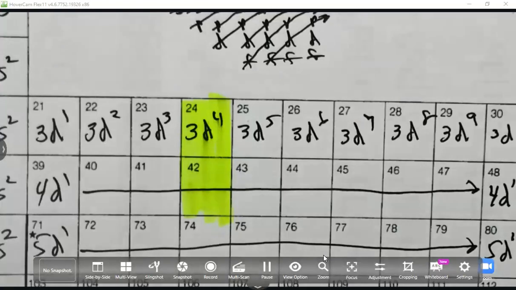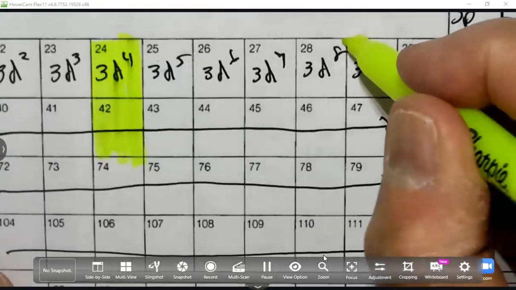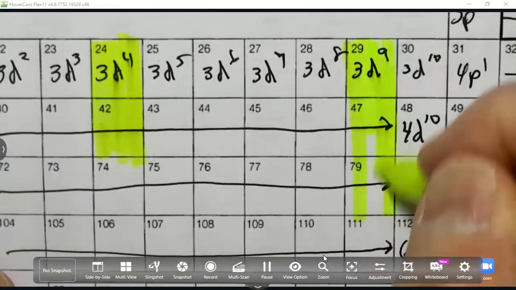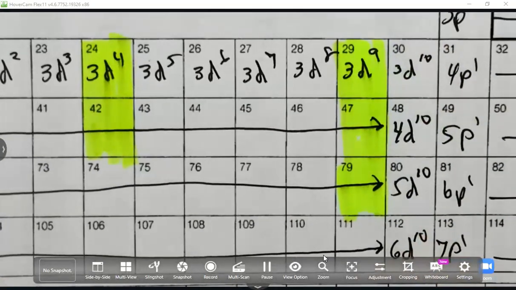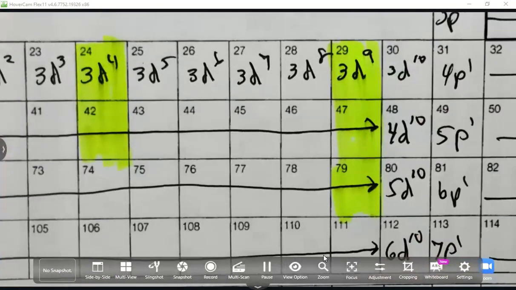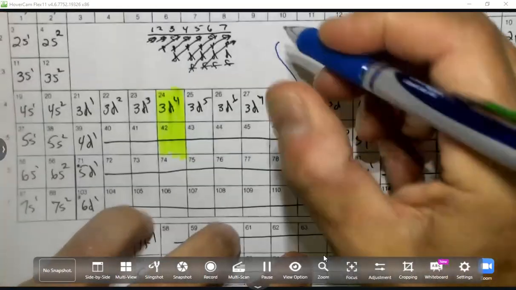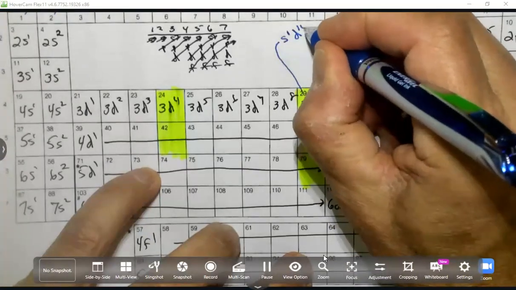So let's make a note of this as well, because these will pop up once in a while. These three right here are really S1D10.